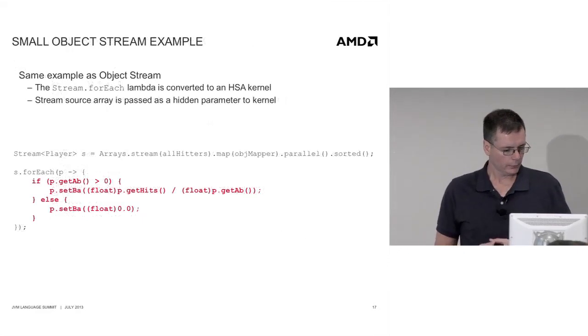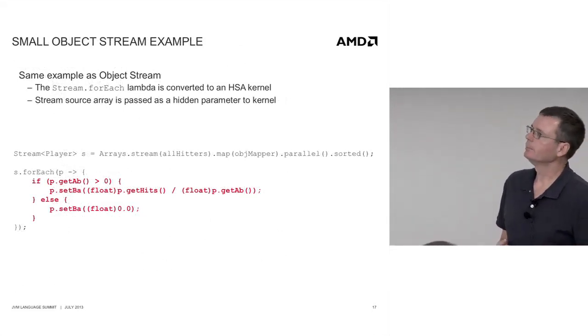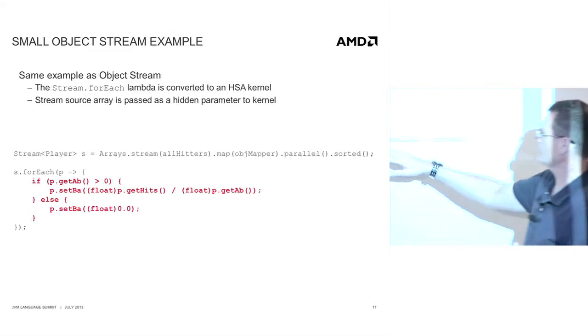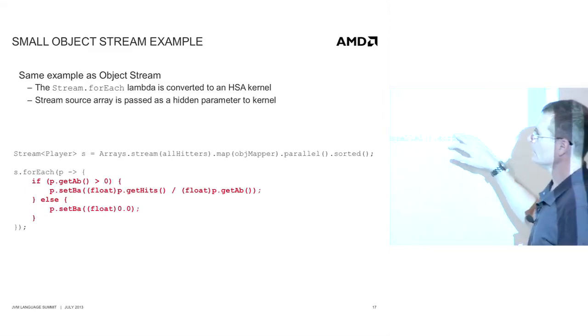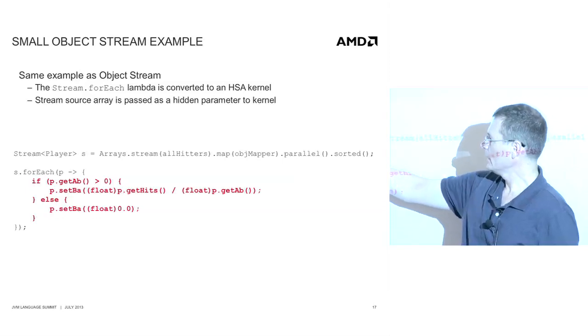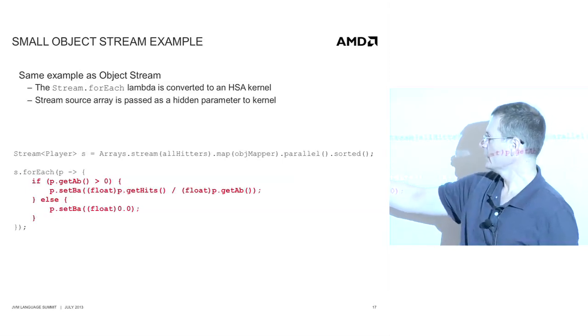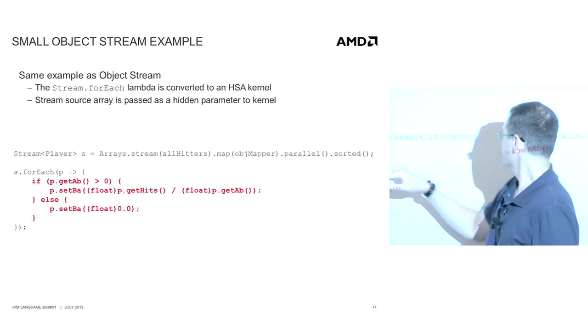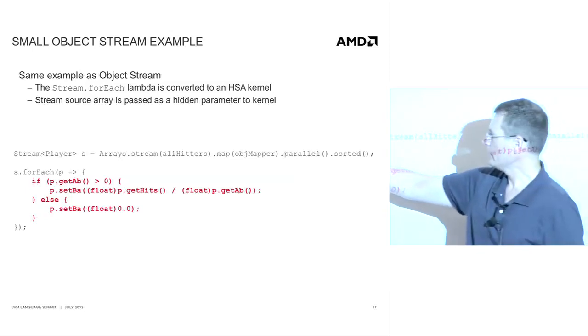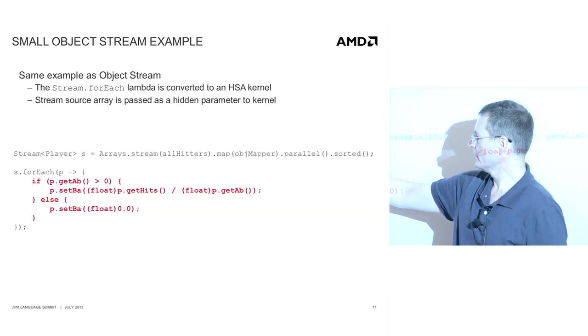Okay, so this one is object stream. Now I just modified this a little bit to make a stream of players instead of an array of players. So now I can just do this nicer looking s.forEach, and my parallel is here. So now I have a parallel stream of players forEach.